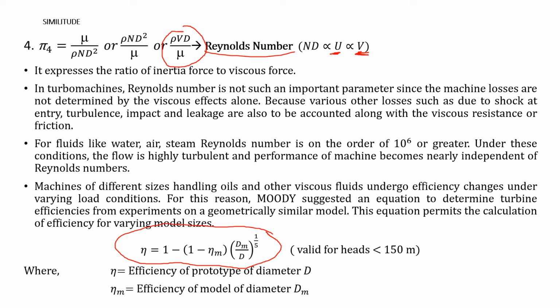Here eta represents the efficiency of the prototype of diameter D, and eta suffix m represents the efficiency of the model of diameter Dm. This equation is valid for heads below 150 meters. We have one more equation for above 150 meters, and a separate equation for pumps, but for now this information is enough.